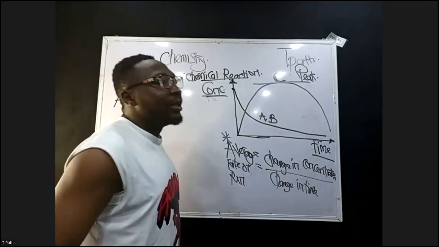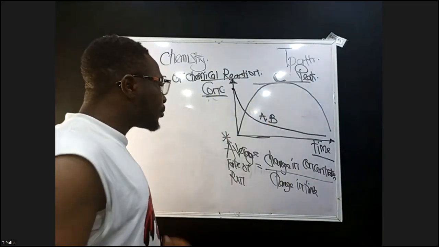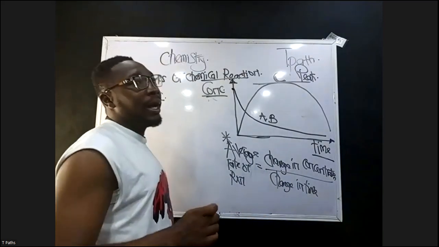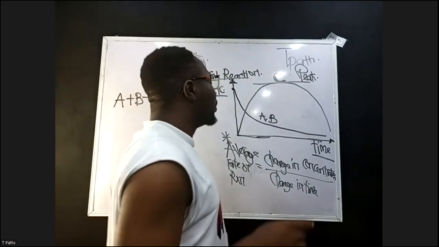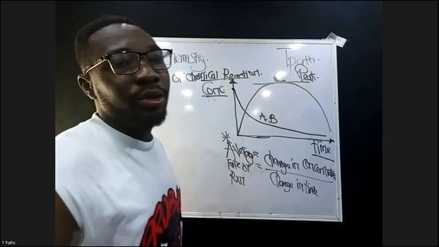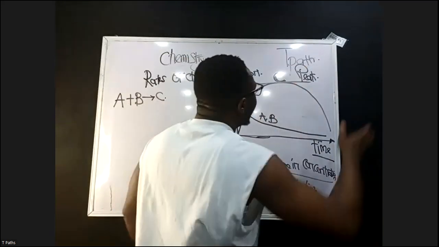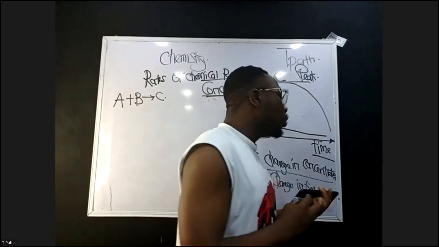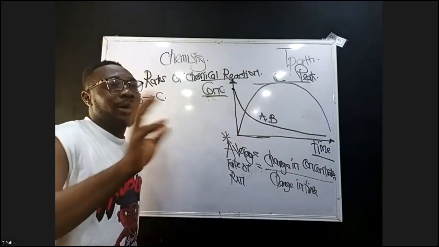For example, if the rate at 5 seconds is 0.5 mole per second, or molar per second, that is known as the instantaneous rate. So you can pick any time on the curve, trace it towards the time, and determine the instantaneous rate. You determine it by using the tangent method.